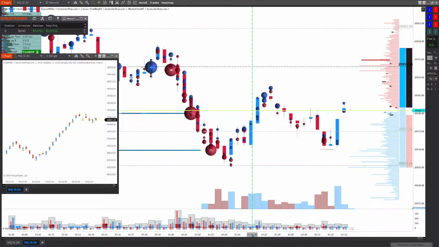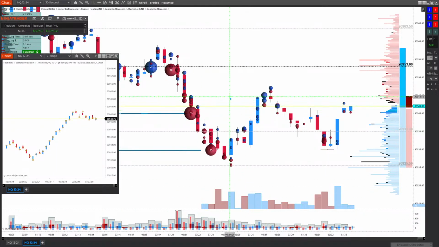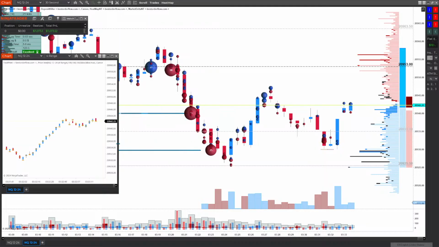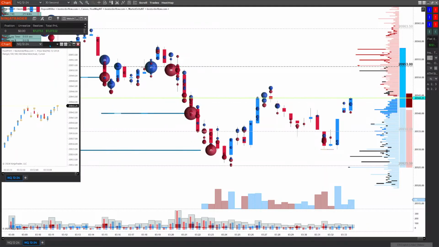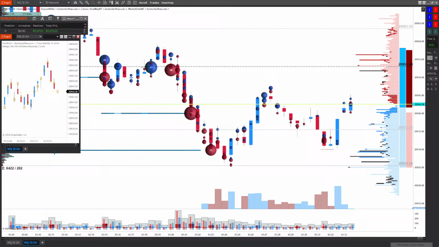Nice. Okay. So we're gonna see who is gonna join us, because this is a unique setup directly on the NinjaTrader.